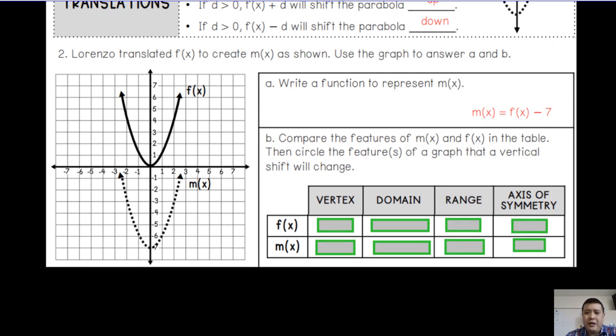So it says compare the features of m of x and f of x in the table, and then circle the features on the graph that a vertical shift will change. So the vertex changes, obviously, because f of x is 0, 0, m of x is 0, negative 7. So that changes.